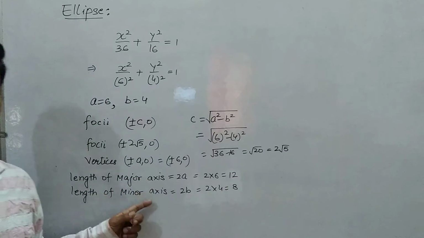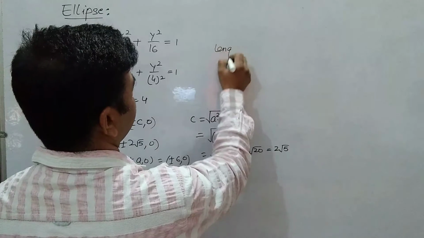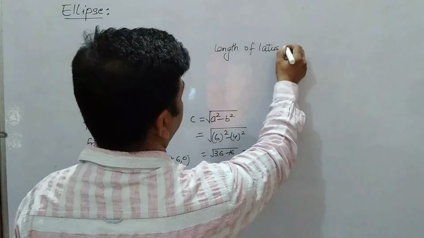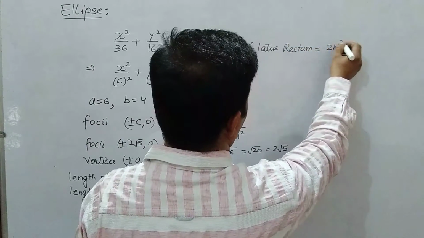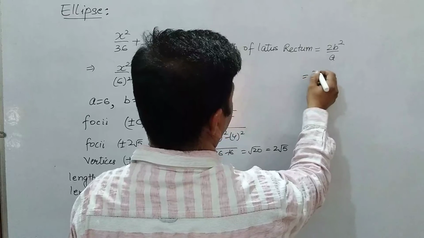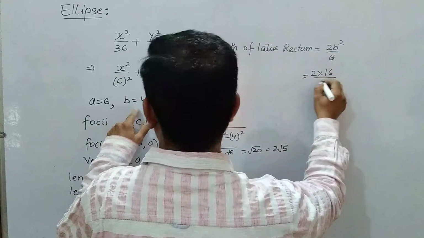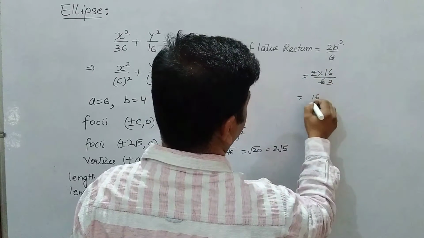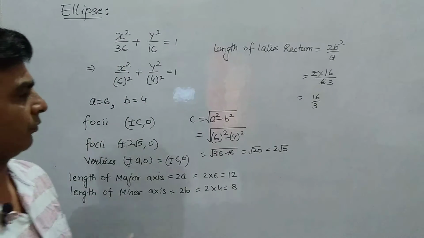Now the length of the latus rectum is given by 2b square by a. So b square is 16 upon a, which is 6, so this is 16 by 3. The length of the latus rectum is 16 by 3.